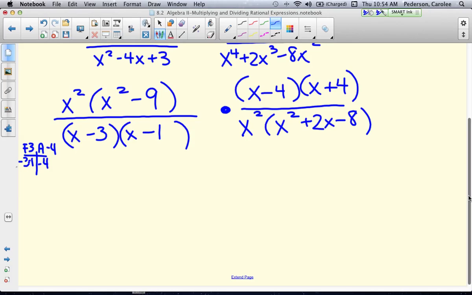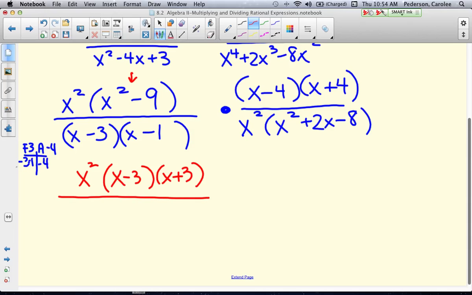So let's talk about this x squared minus 9. That is the difference of 2 squareds. So it would be x minus 3 and x plus 3. And then we still have that GCF out in front. And the denominator still x minus 3, x minus 1.